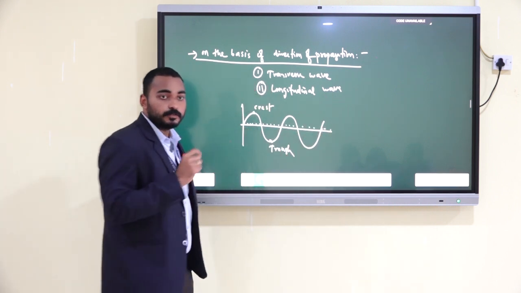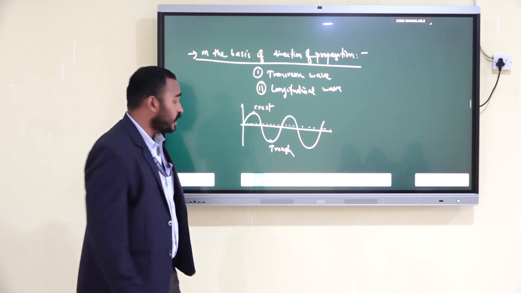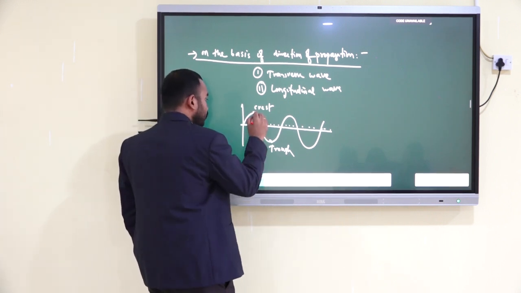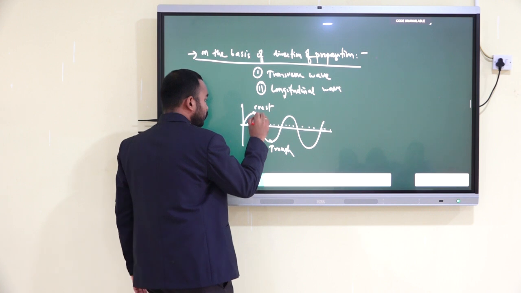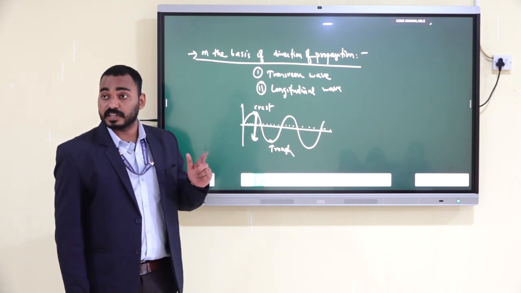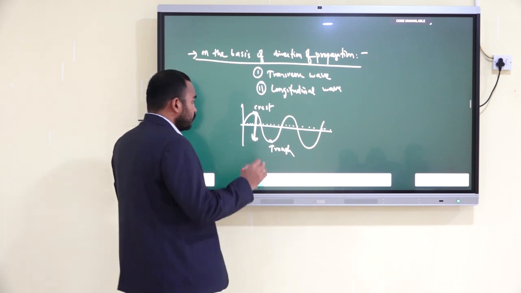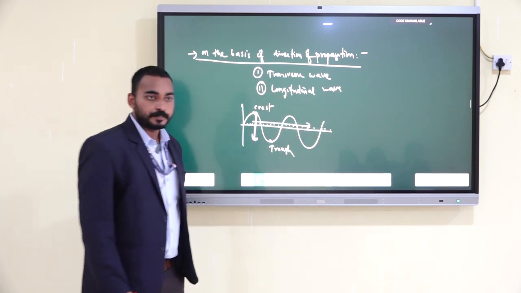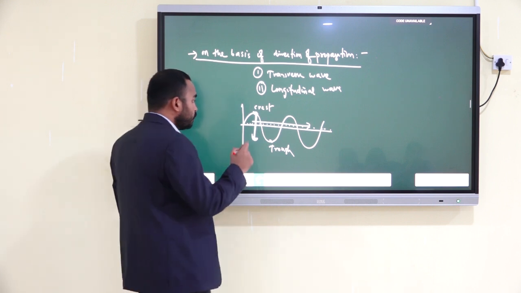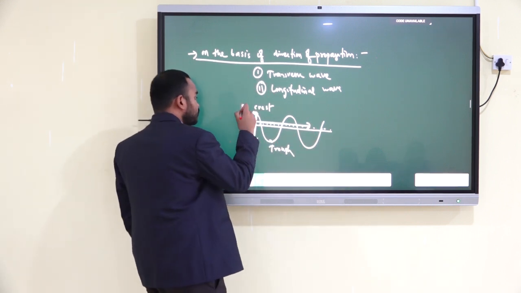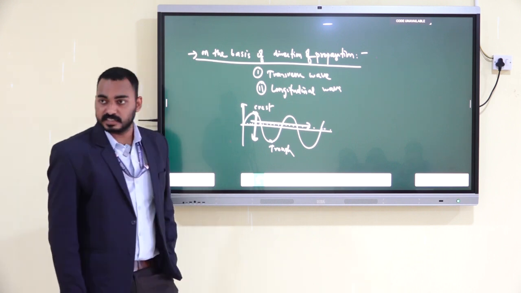In this line, infinite number of particles are there, and the particle will displace in the direction from upward to downward. Up and down motion करेगा कौन? Particle. But the wave will travel on the x-axis. That means the wave is traveling on the x-axis and the particle is moving on the y-axis.